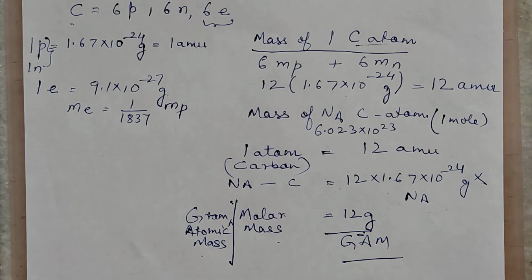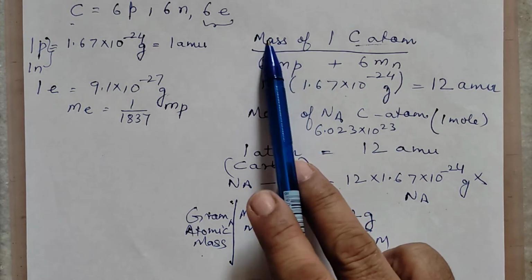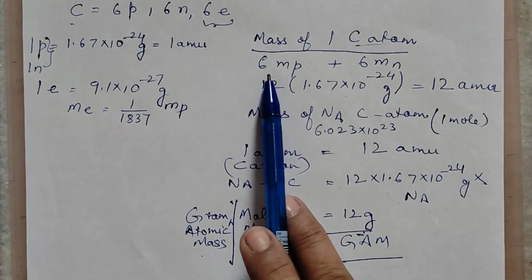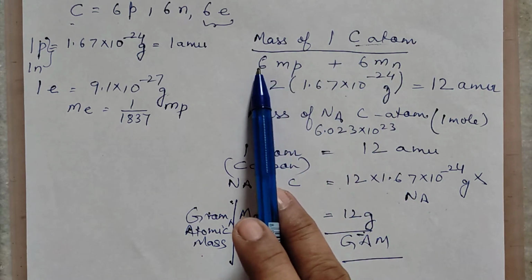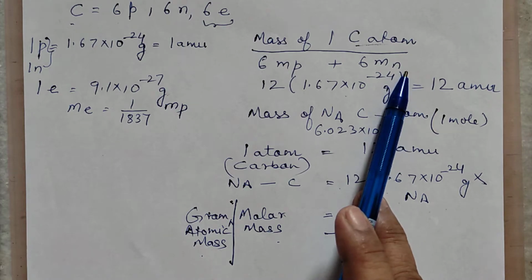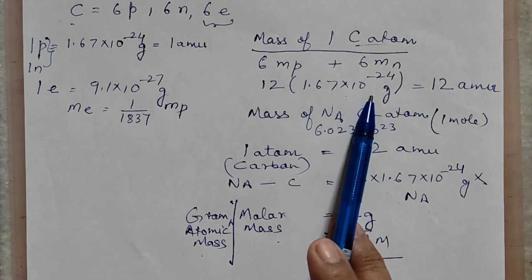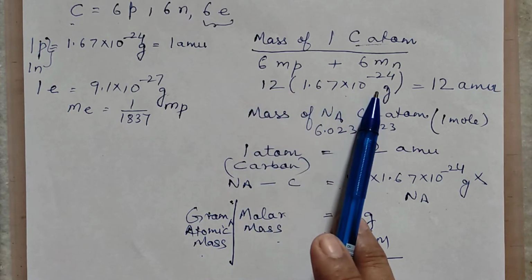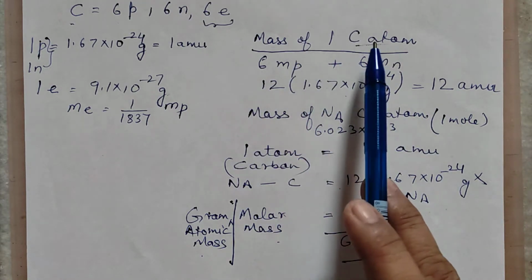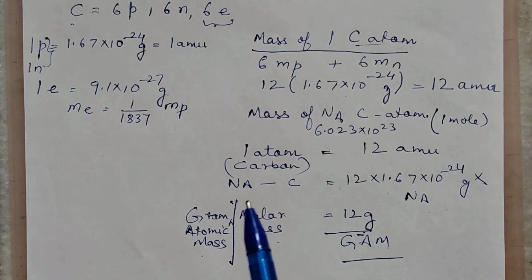Is this point clear? The mass of one carbon atom is 6 protons mass and 6 neutrons mass, and each proton and neutron weighs the same. That means 12 protons and neutrons mass, that is 12 AMU. That is the mass of one carbon atom.